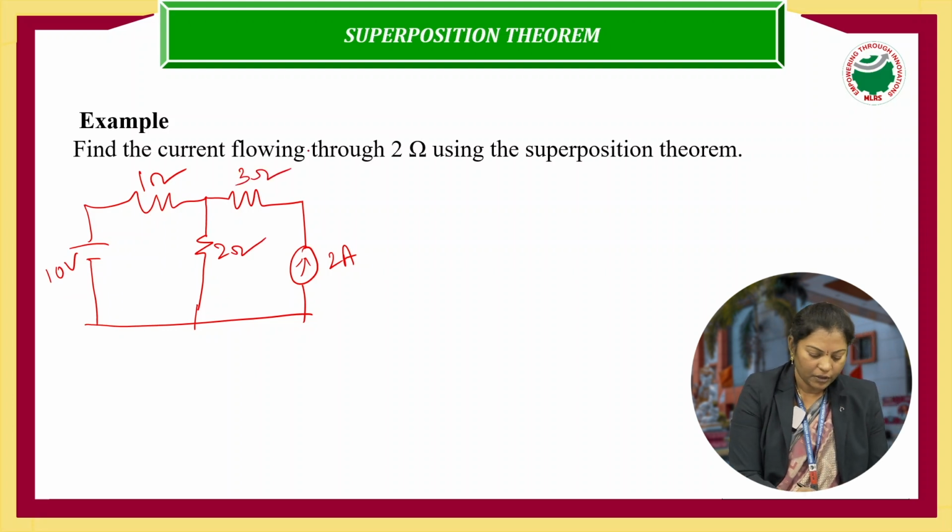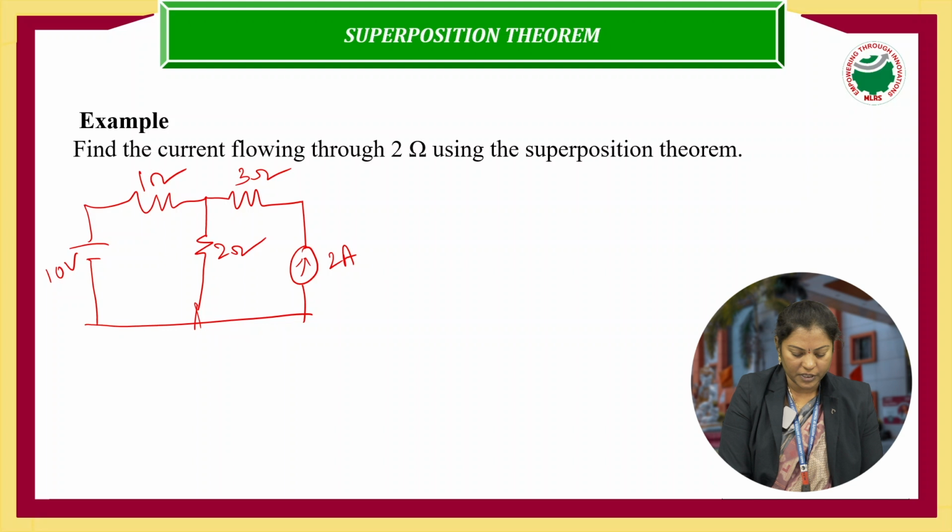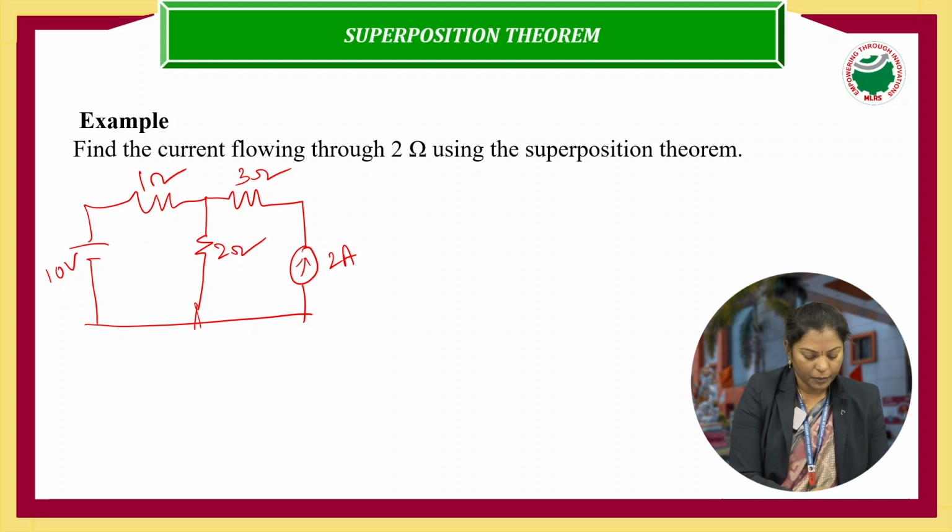Here I am supposed to calculate the current flowing through the 2 ohm resistor by using the superposition theorem. So we have two sources: one is a voltage source, a 10 volt source, and the other is a 2 ampere source.